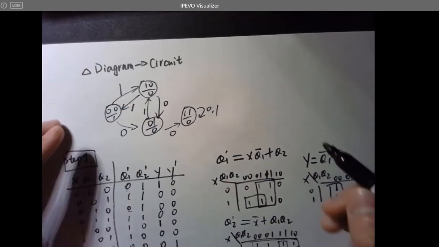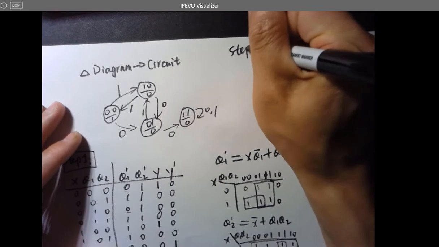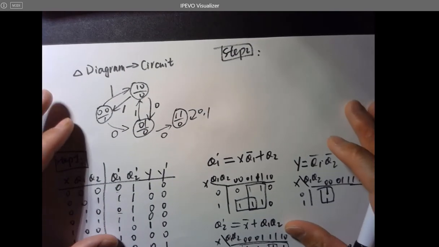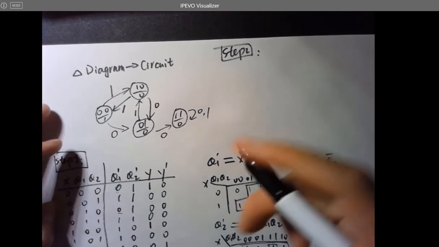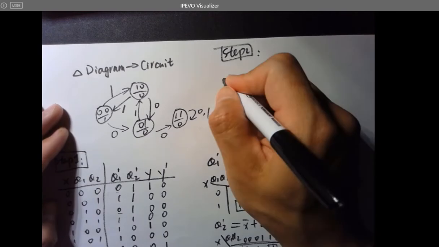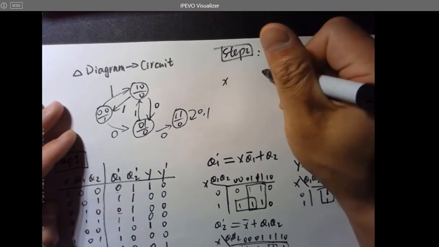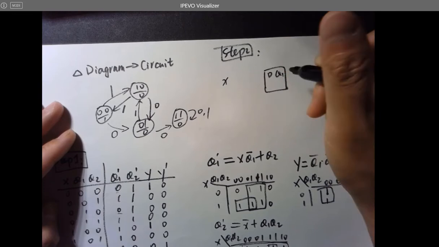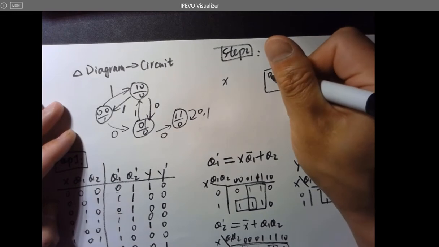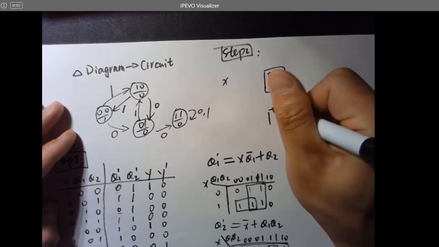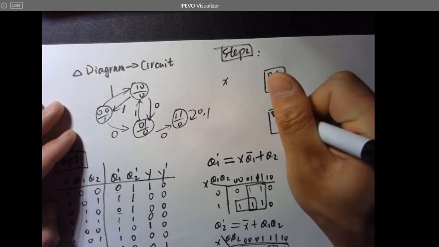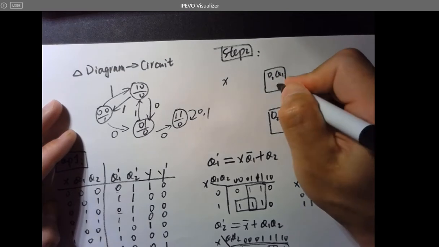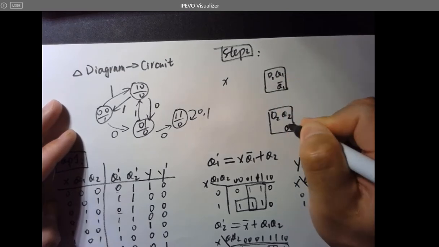So that's step one. Step two, we can start drawing this sequential circuit. X is the input, and we are assuming we are using D flip-flops. Q1, D2, Q2, that's Q1 bar, Q2 bar.